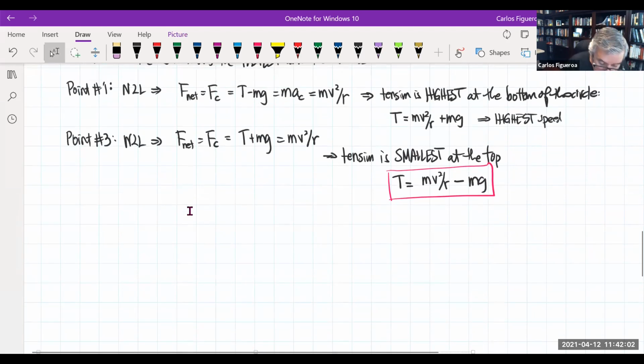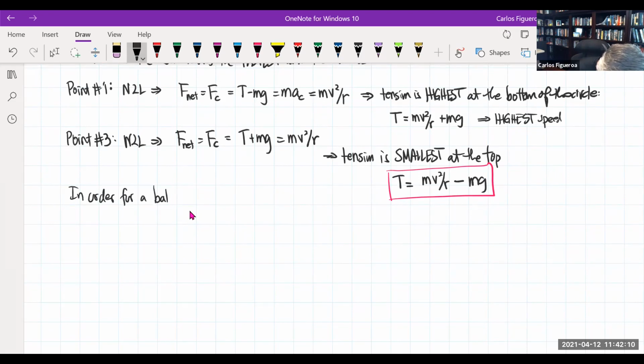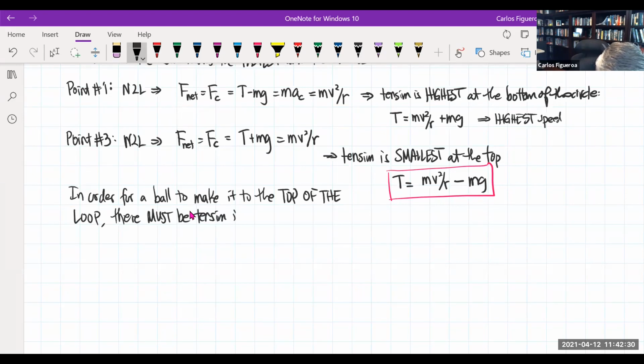So in order for a ball to make it to the top of the loop, there must be tension in the string.